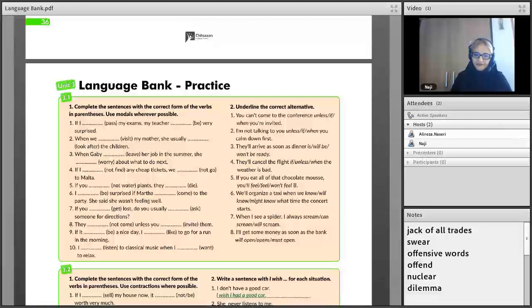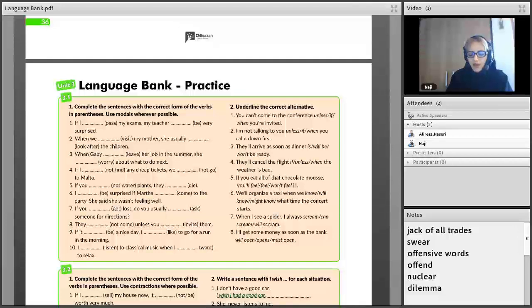Now let's check them together. This part is related to conditional sentences type 1, so we complete them with conditional type 1 or type 0. If I pass my exam, my teacher will be very surprised.